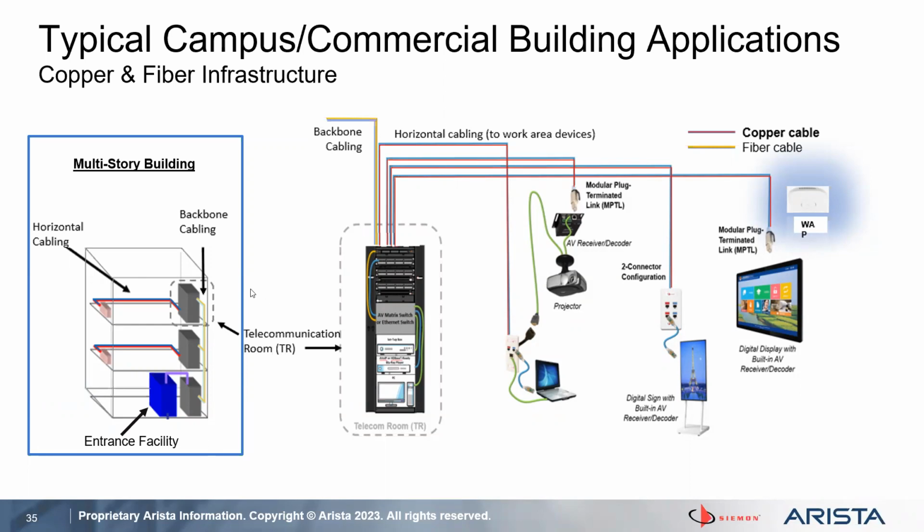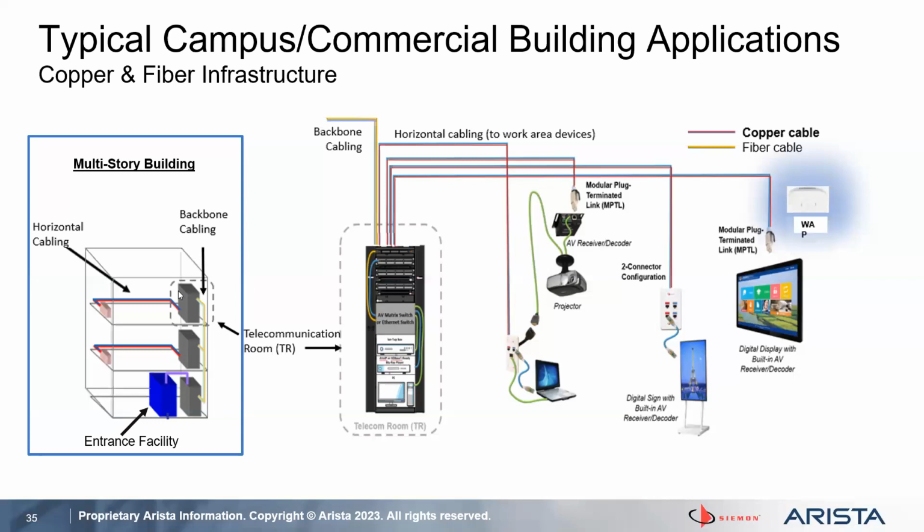On the side here, just representing a typical multi-story building, several floors within there. Within that typical building, you've got an entrance facility where the incoming cables are, and then you've got several floors. This is your typical architecture that we see.